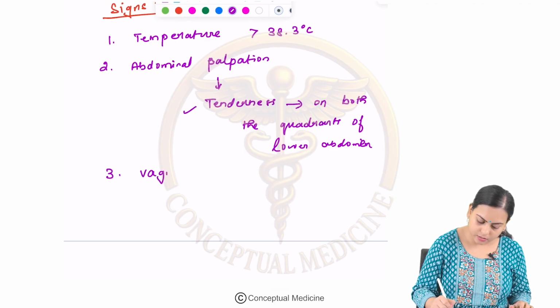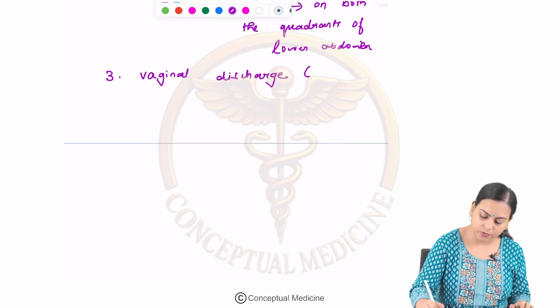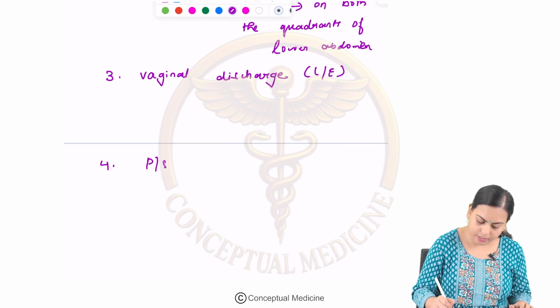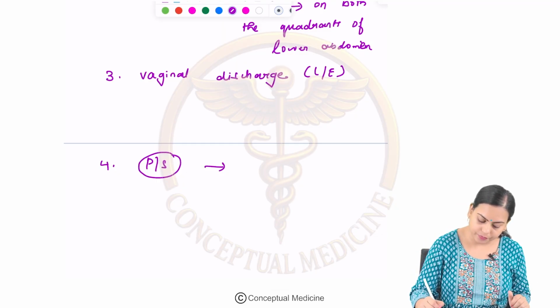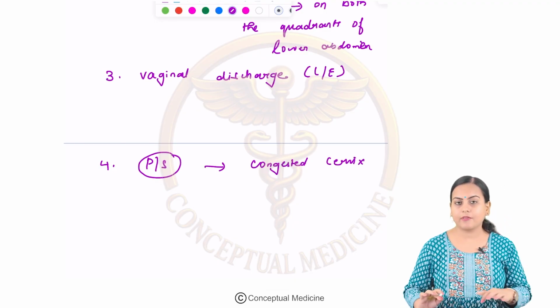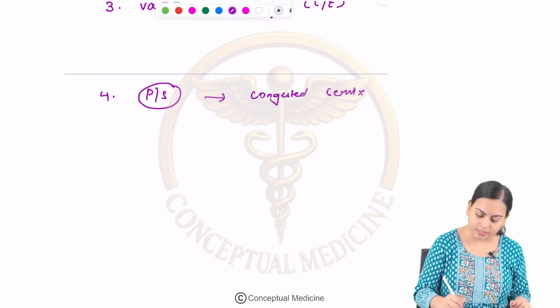Then there is vaginal discharge also while you do a local examination, and while doing a per speculum examination, you will be able to see congested cervix that is having purulent material from its canal. So, the discharge can be seen.